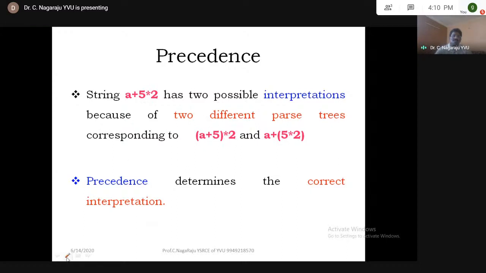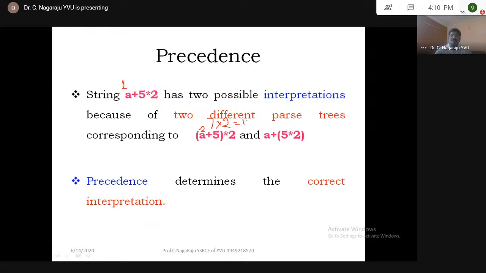Suppose in this case, if A is equal to 2, then here 2 plus 5 is executed first, because the highest precedence is given to brackets. 2 plus 5 is 7. 7 into 2 is equal to 14.